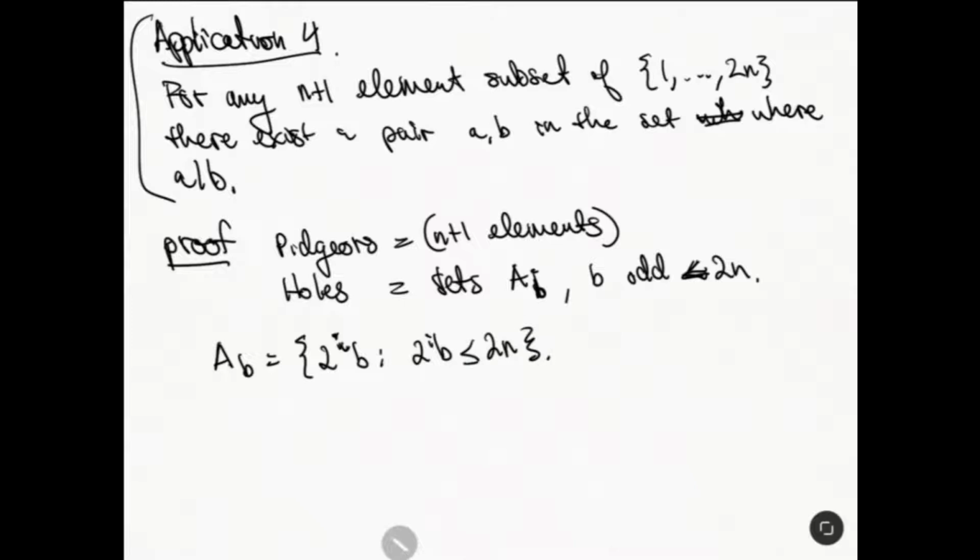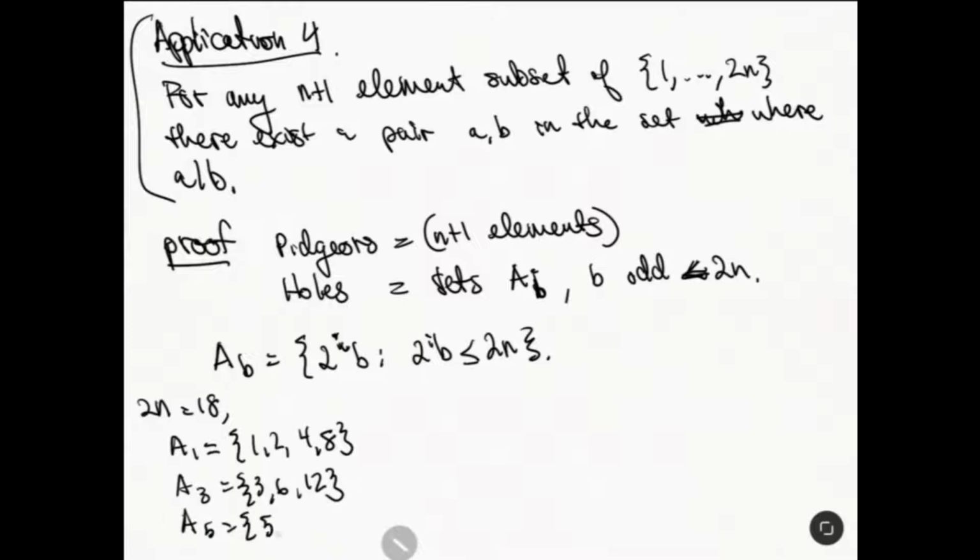Okay, so for example, if 2n was equal to 18, then A1 would be 1, 2, 4, 8. A3 would be 3, 6, 12. A5 would be 5, 10.